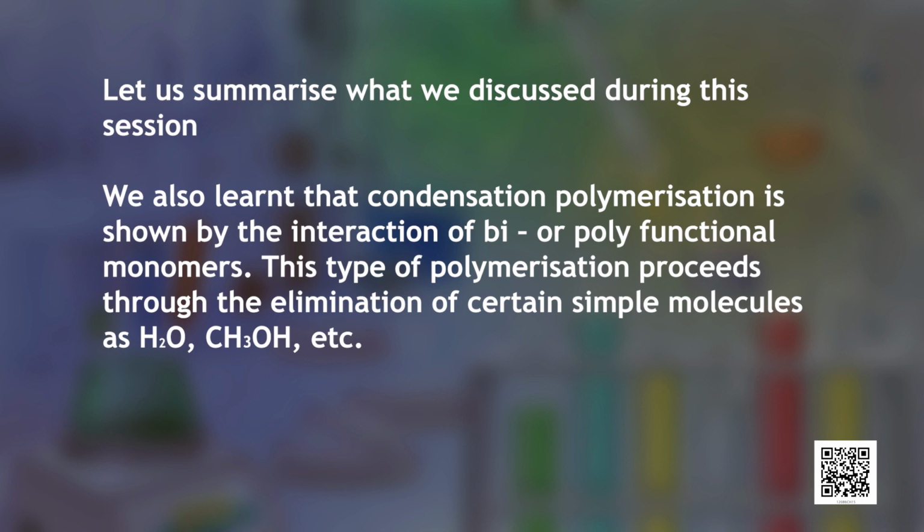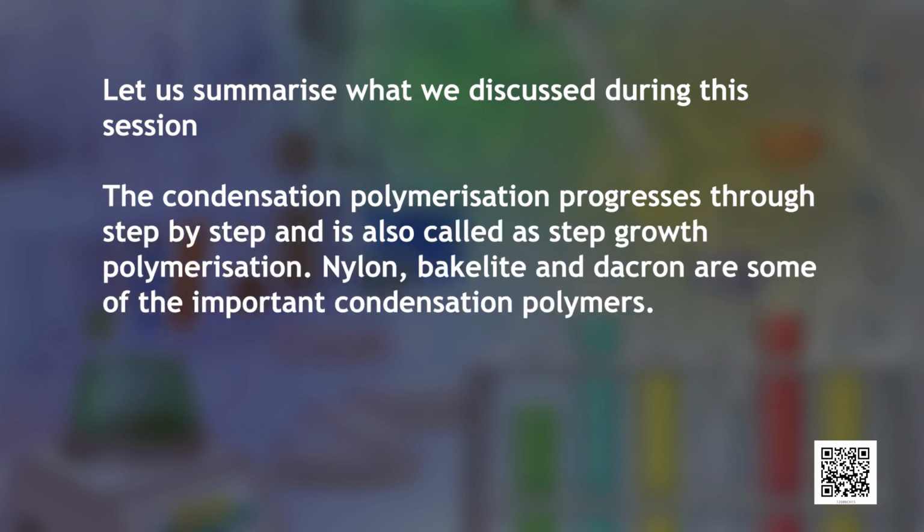This type of polymerization proceeds through the elimination of certain simple molecules as water, alcohol. The condensation polymerization progresses through step by step and is called step growth polymerization. Nylon, bakelite and Dacron are some of the important condensation polymers.